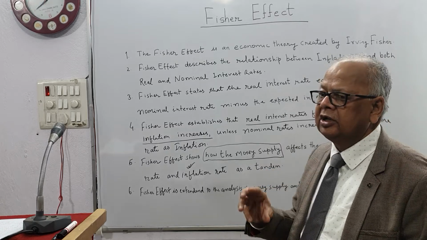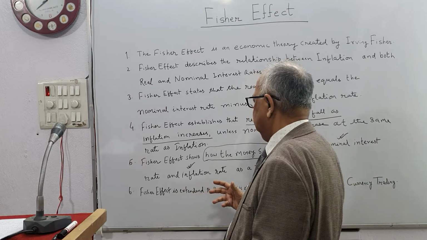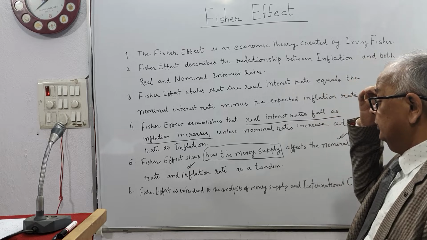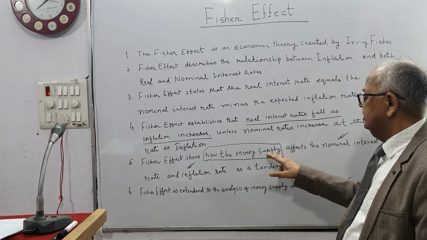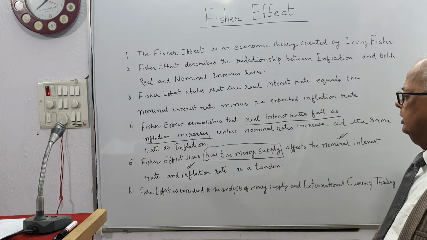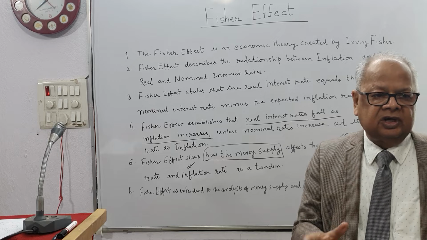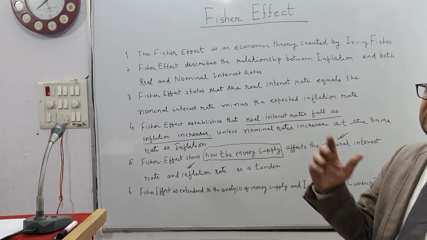Tandem means working together. And this is the most important finding in the Fisher effect. If money supply is increased by 10%, then price will rise by 10%. This we have studied under the quantity theory of money, the Fisherian approach, MV is equal to PT.